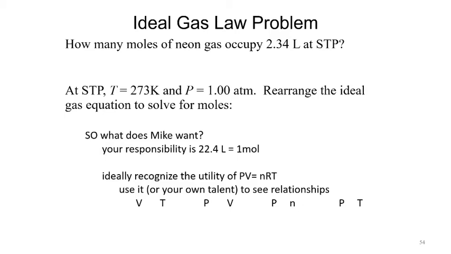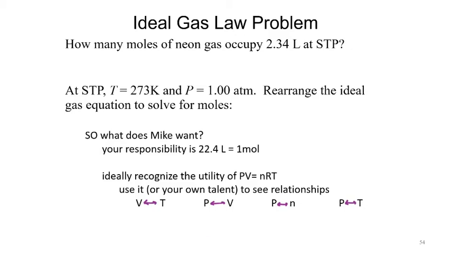Okay? That is up to you how far into PV equals nRT you want to go. But I do expect you to realize that there is a relationship between volume and temperature, volume and pressure, pressure and moles, pressure and temperature, moles and volume. Okay?